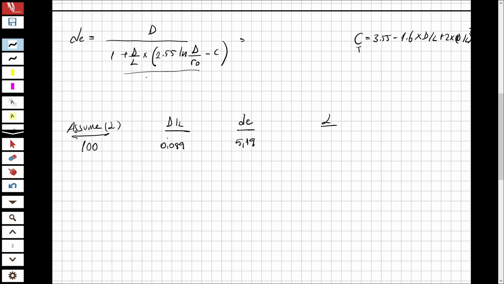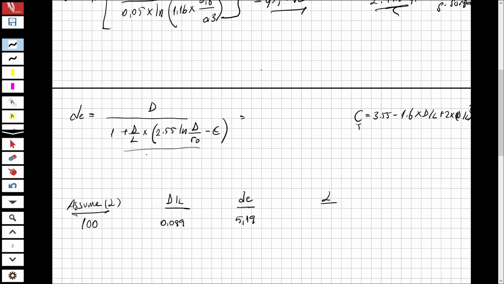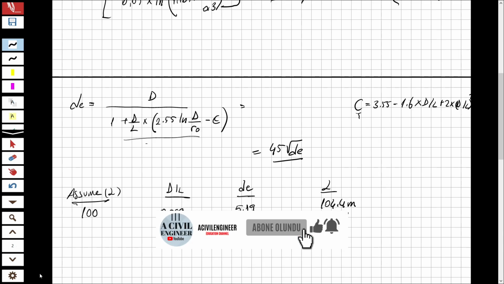I write this value here, and I know d and also R0, and the value of C will be calculated from here, and we are going to obtain a new exact L value, 45 square root of de. We are going to obtain 104.4 meter. This is the exact length due to 100.